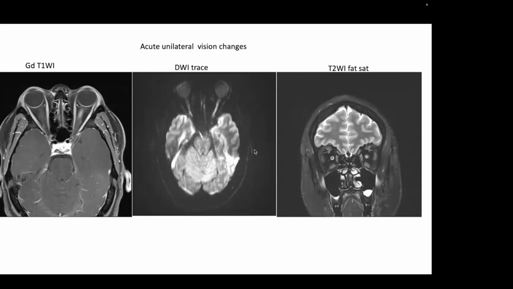What if this was a 65-year-old patient with diabetes? Diabetic neuropathy. Exactly. This could be an infarct, right? Occasionally you'll see optic nerve infarcts. So again, the history usually helps us to establish the diagnosis, and age.